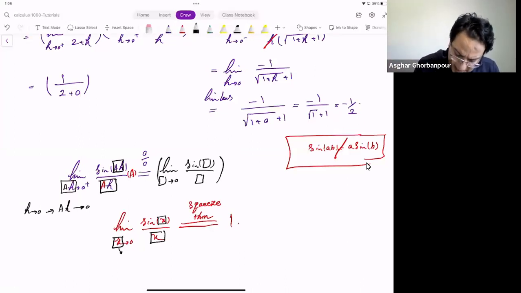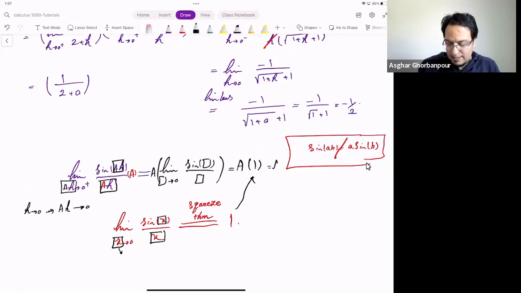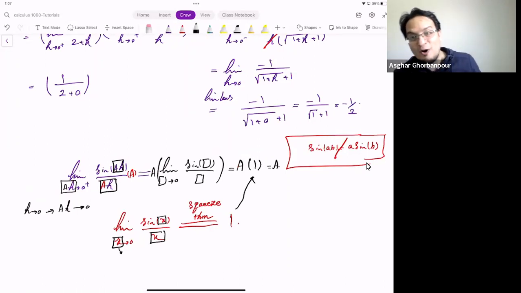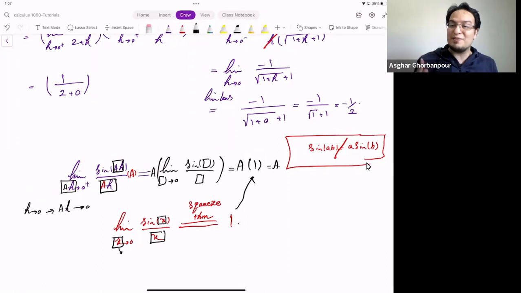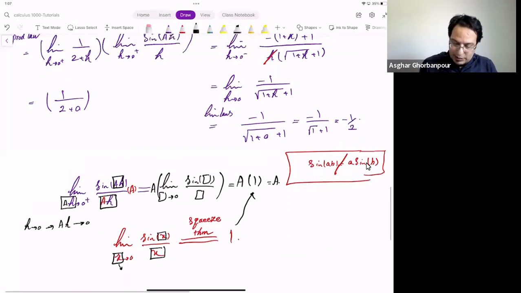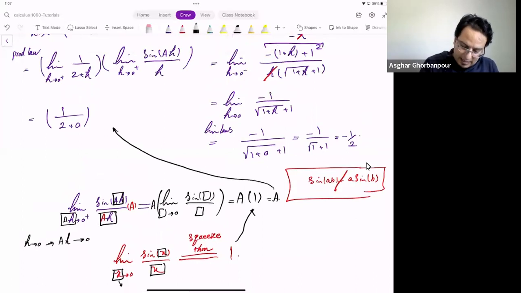There is this constant multiple, I put it outside as a. And based on this fact here, this is going to be a times 1. The limit of sine x over x is 1, but the limit of sine ax over x as x goes to 0 is a. So I can put this back in here, and I see that I get a over 2.